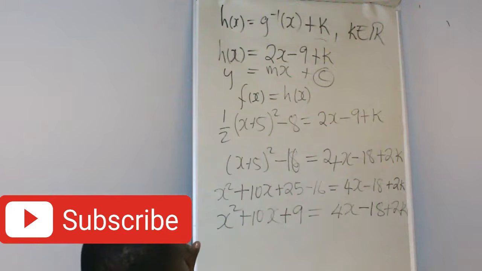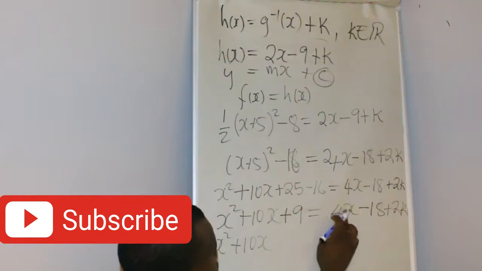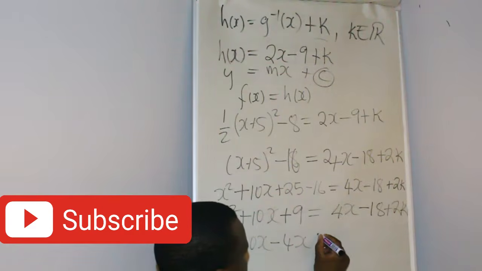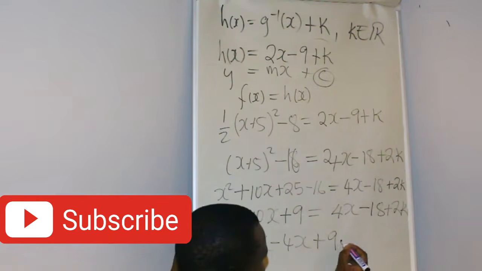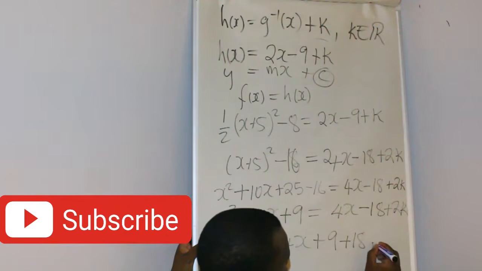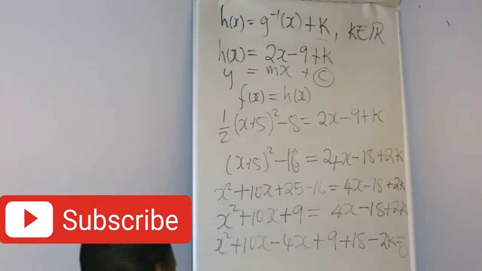Transpose this to this side. So we have x squared plus 10x minus 4x plus 9 plus 18 minus 2k is equal to 0.